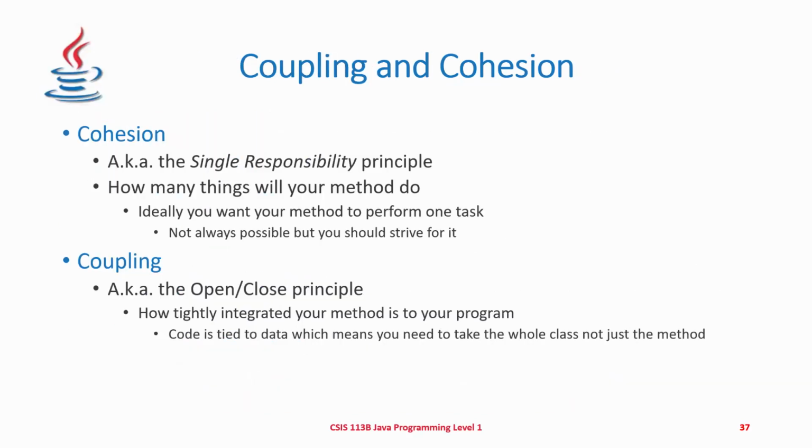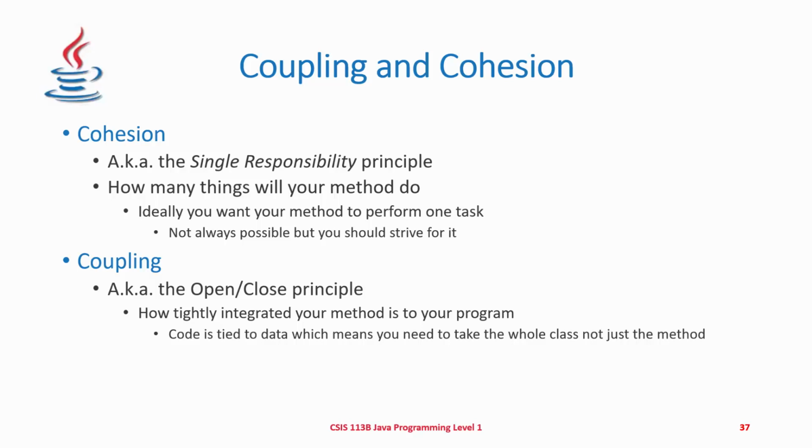This slide refers back to the terms coupling and cohesion. Cohesion refers to essentially that single responsibility principle: how many things does your method do? Ideally, you want your method to perform a single task. Not always possible, but you should strive for it. Coupling refers to the open-closed principle: how tightly integrated your method is to your program.